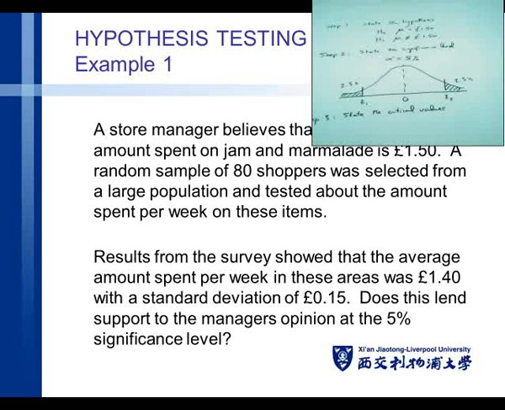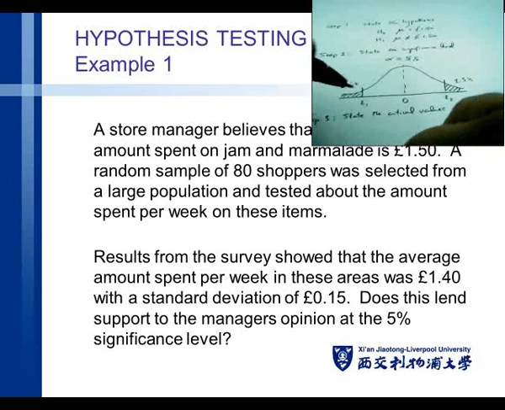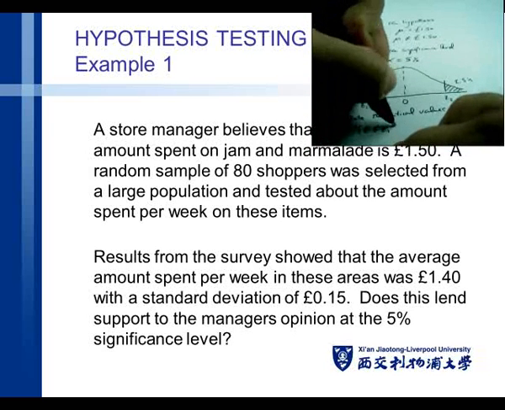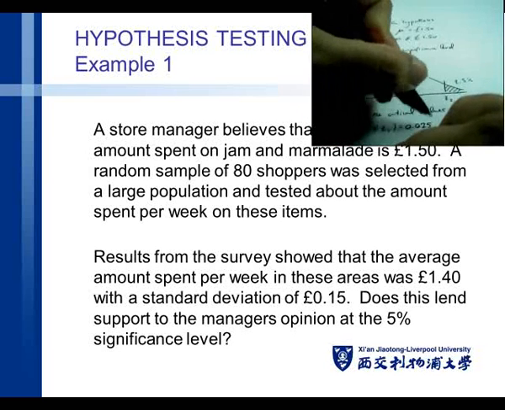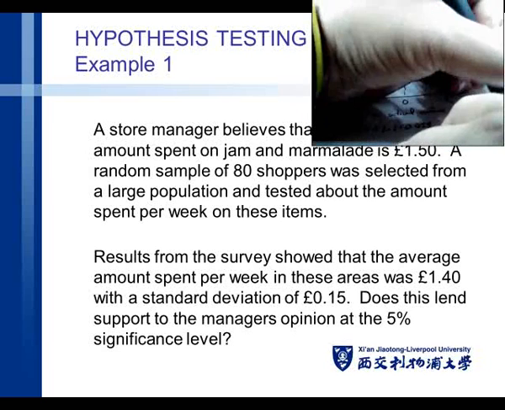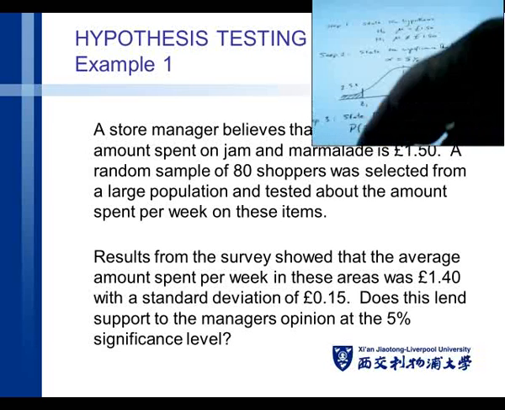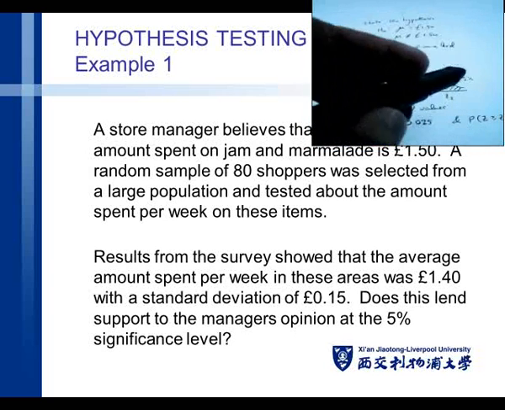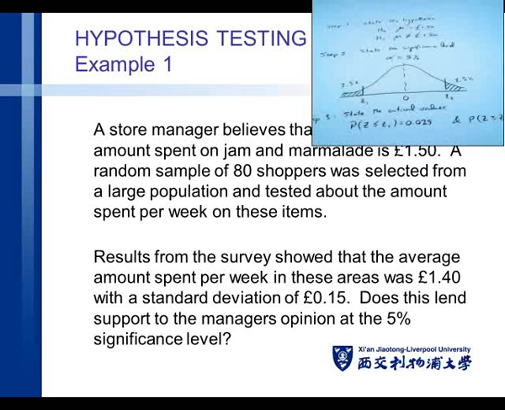What you're looking for, from the standard normal distribution, is the probability that Z is smaller or equal to Z1 is 2.5%, and the probability that it is greater or equal to Z2 is 2.5%.